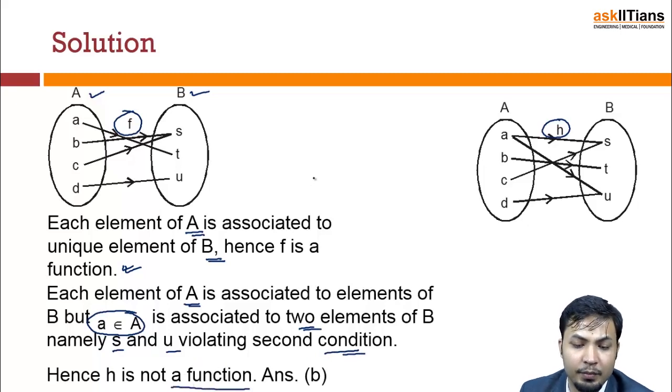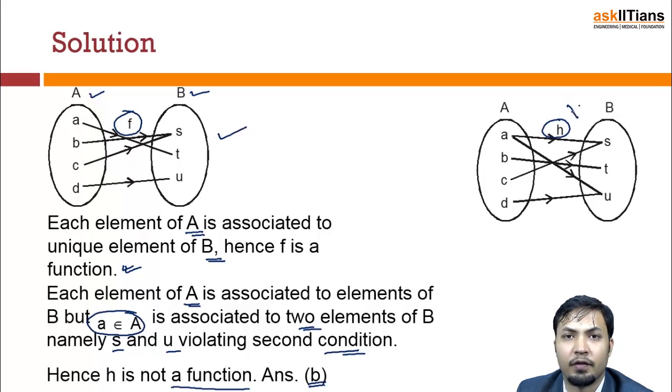So this gives me option B as the answer: F is a function, H is not a function. Why? Because it violates the second rule. You see, A has two elements over here, this one and this one, which cannot be true. So based on that, this will not be a function.